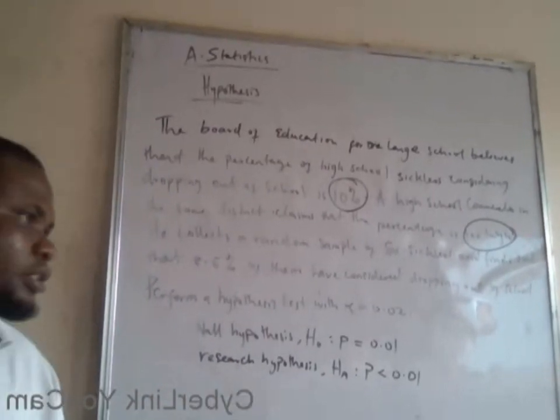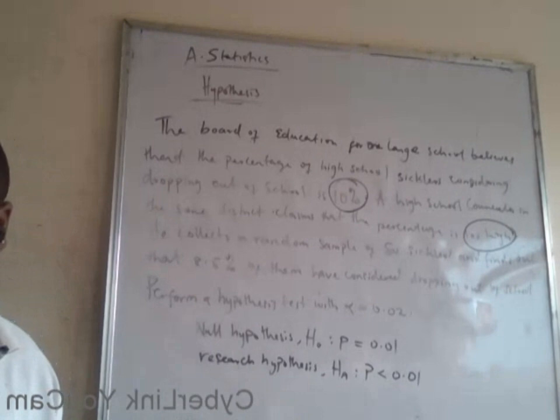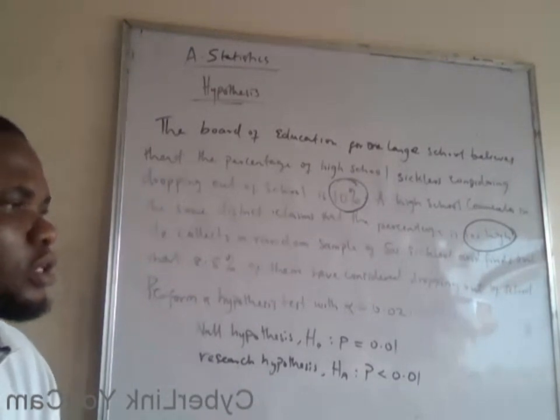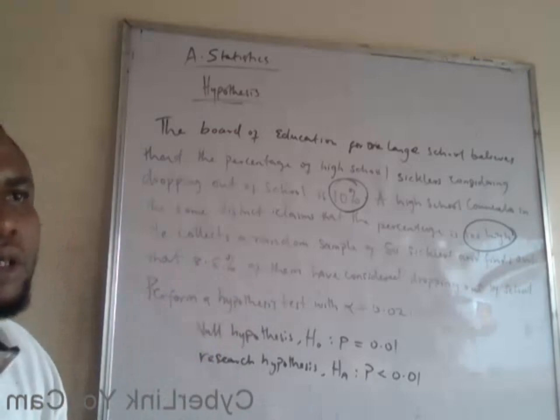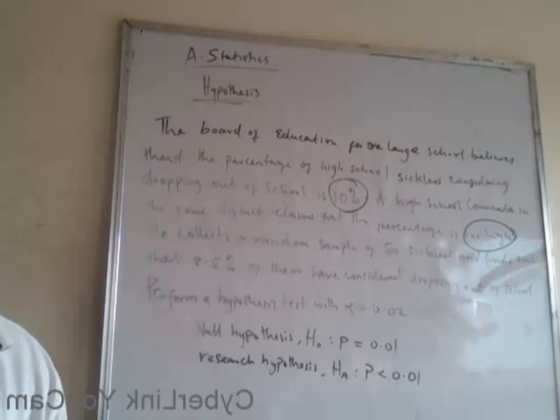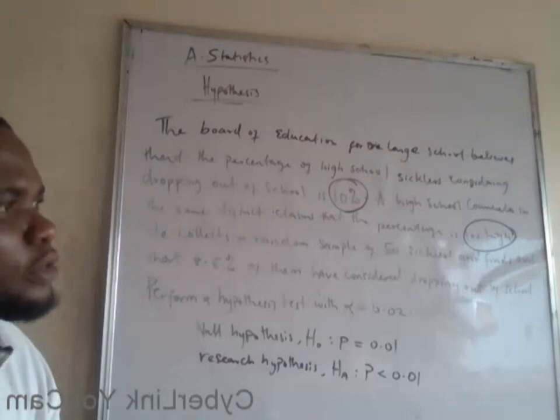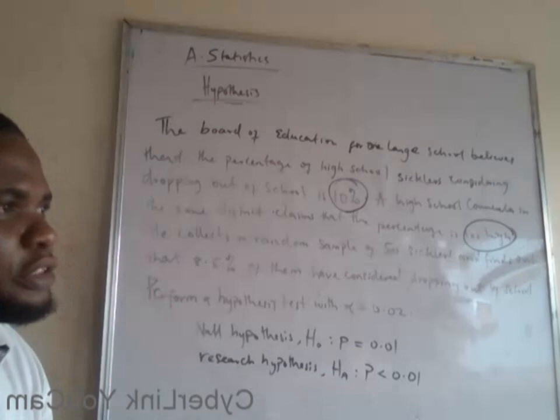This is something that you should have done before now: how to collect data and the gathering of data. Gathering of data is not something we are supposed to do at this particular stage.